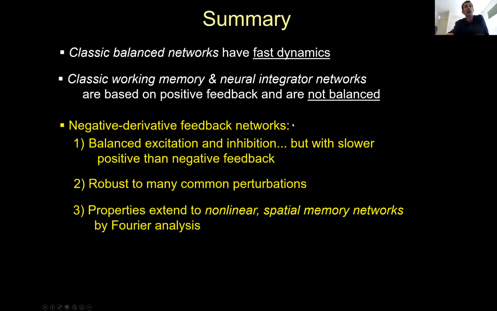If one wants to make a slow dynamics network that maintains slow persistent activity and performs neural integration, that can be done through negative derivative feedback networks based on the principle of balanced excitation and inhibition, but now with slower positive than negative feedback.